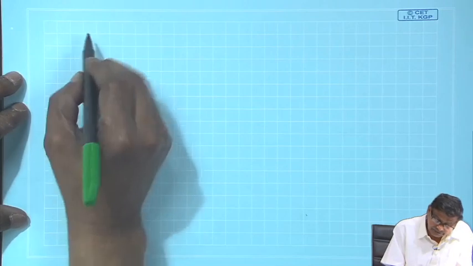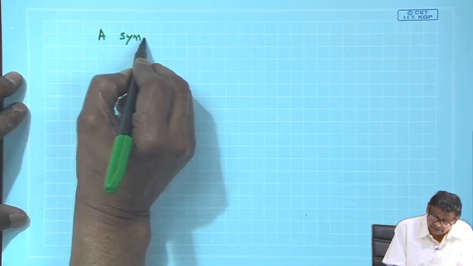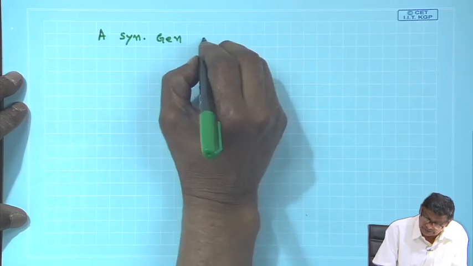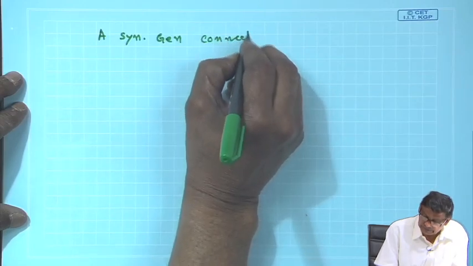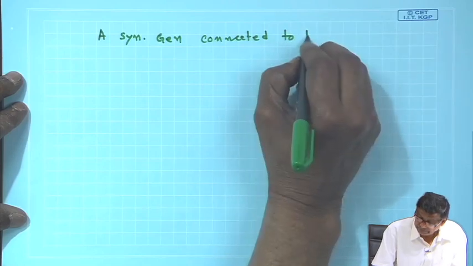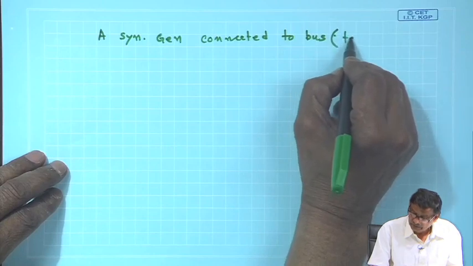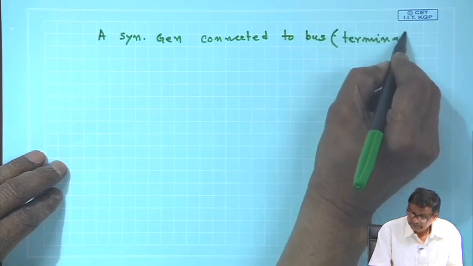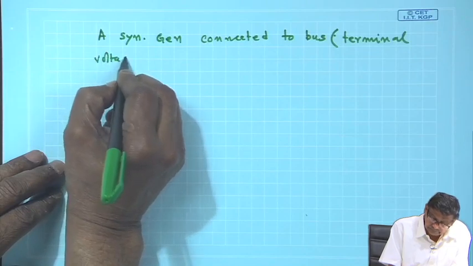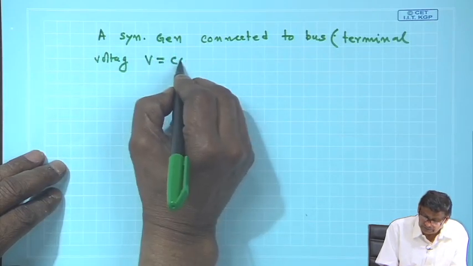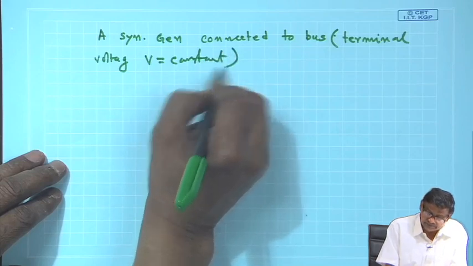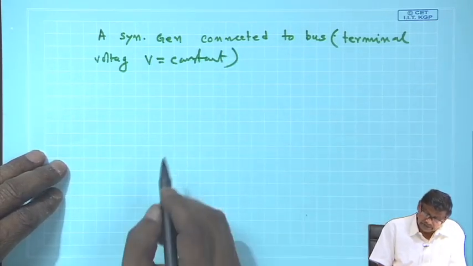Now, with whatever time is left, we will consider a synchronous generator connected to an infinite bus, which means terminal voltage V is constant, I cannot change that.